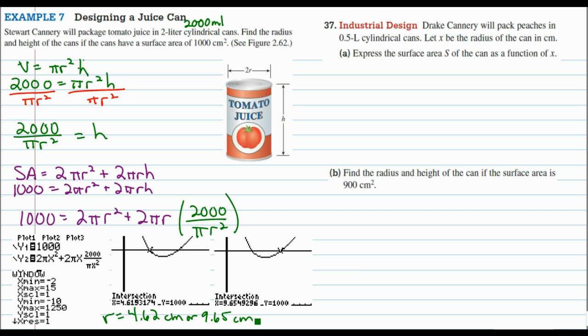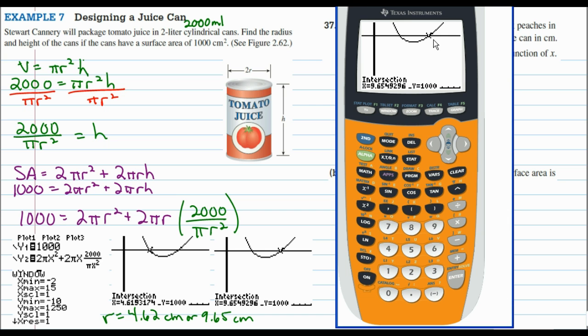So now I'm going to use these radii to find the height. Because my cursor is on the x coordinate of the intersection here, I can quit and tell my calculator to take the formula for finding h, 2,000 divided by, and then put my denominator in parentheses, pi, and instead of using r, I'm going to use x squared, because my calculator has stored that x value that was on my graph as its temporary x value.